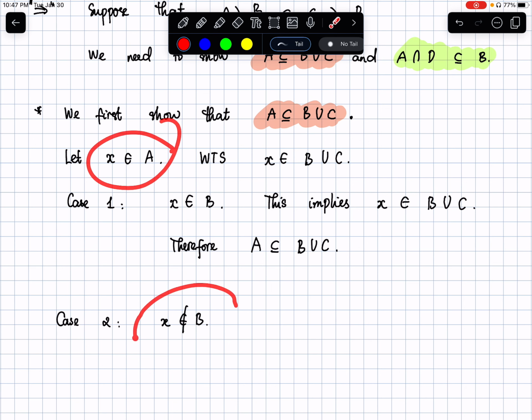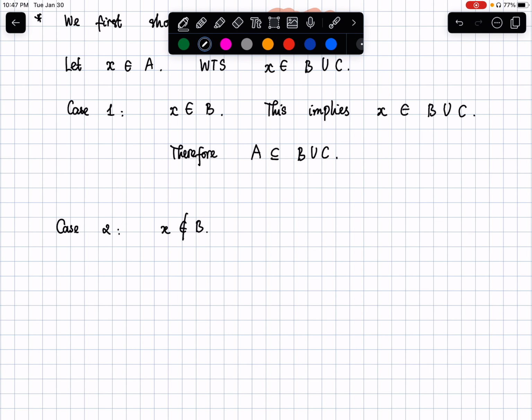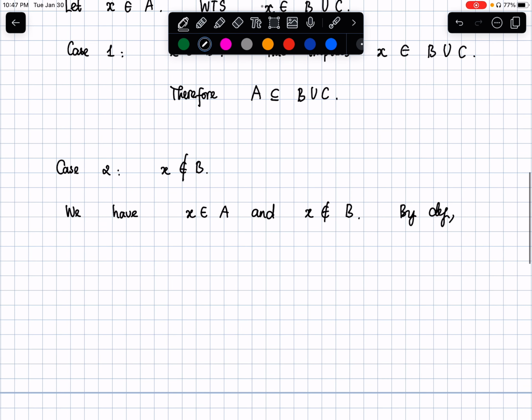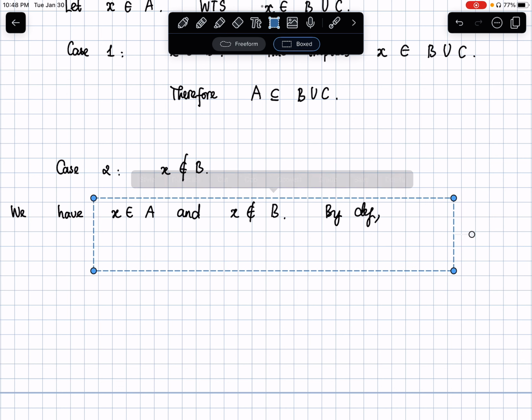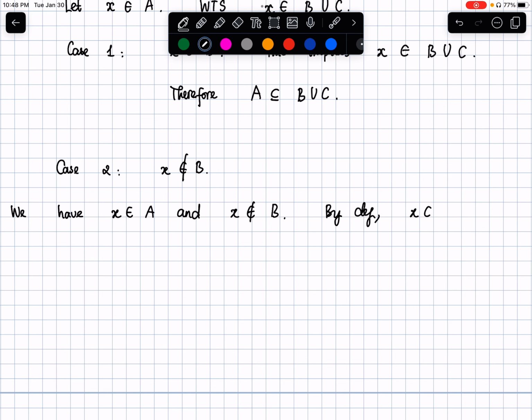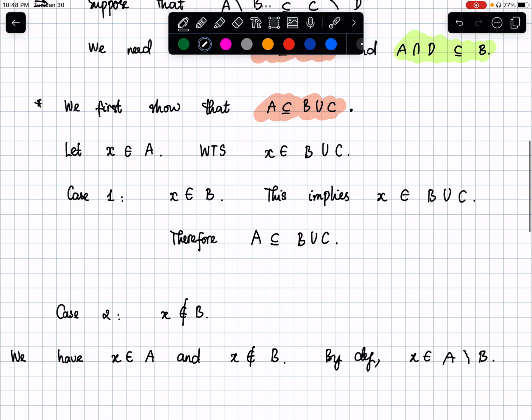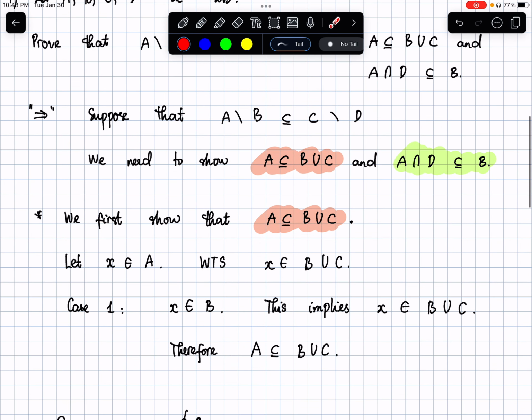We have X in A and X not in B. By definition of set difference, we know that X must be in A minus B. Okay, so now X is in A minus B, and A minus B is a subset of C minus D. We should highlight this. This hypothesis we know.